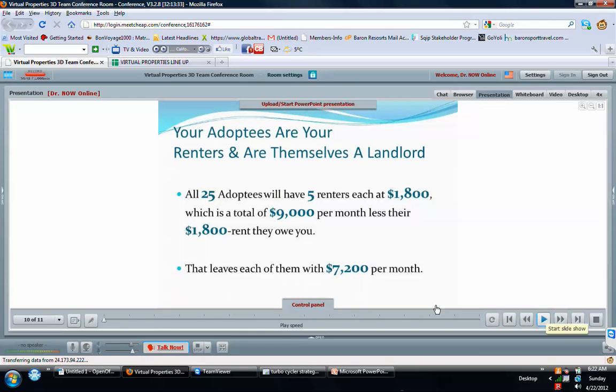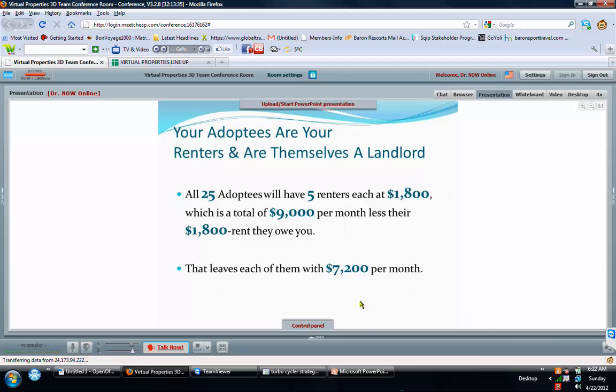Now, let's look at what's happening to your adoptees. In other words, these Mexicans or Africans or Indians that cannot afford, because they make $20 a day, are now, certainly out of nowhere, going to be a landlord. Not like you, a baron, but a landlord. Meaning all 25 adoptees will have 5 renters each.